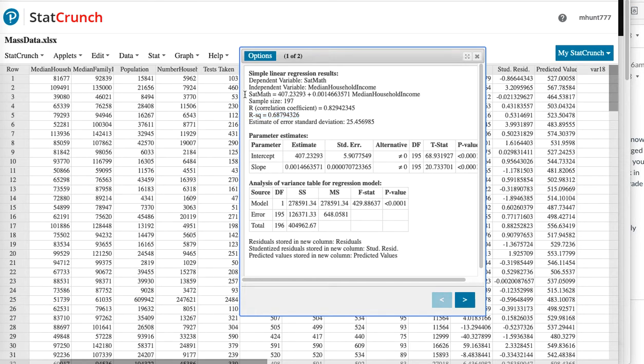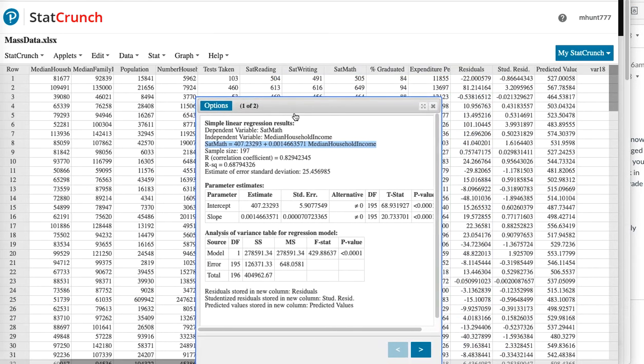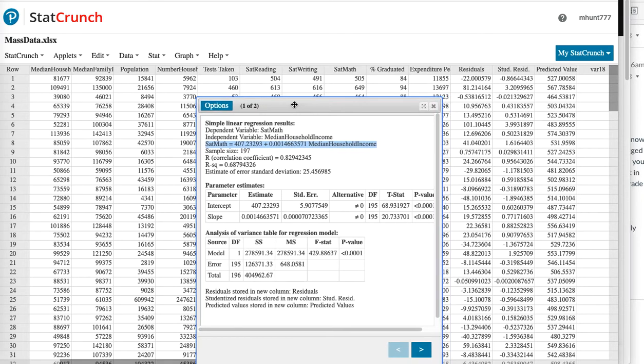Let's also look at the regression equation. Here we have it. Let's take a look at the slope. The slope is a very small number because of how median family income is measured. Median family income is measured in dollars.